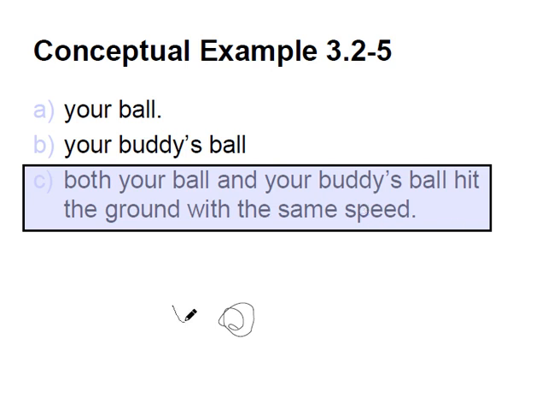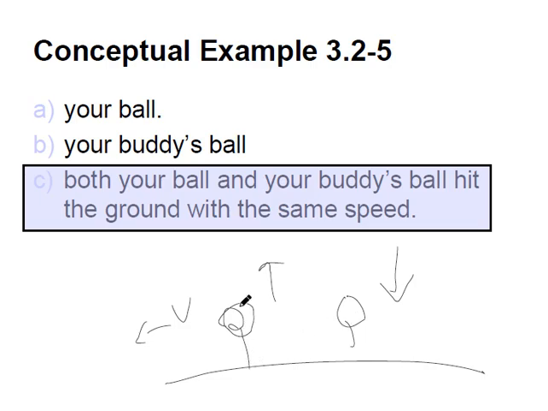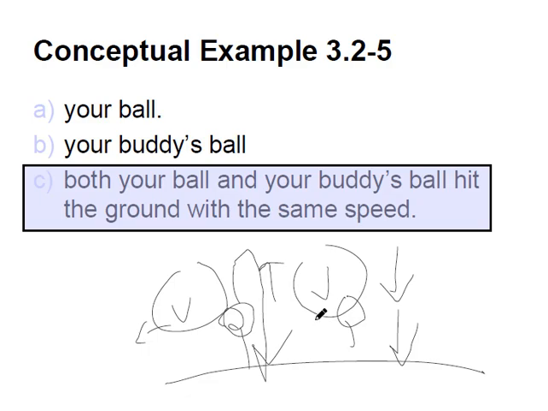If you concentrate only on the velocity, the only thing your velocity depends on is whether you throw up or down. In order for the ball to hit the ground, this one is thrown up and comes back down, this one is thrown straight down. We are considering the speed, which is the magnitude of your velocity, because velocity has a direction. So the speed hitting here is going to be the same. Why?